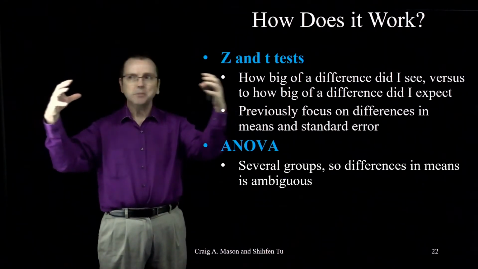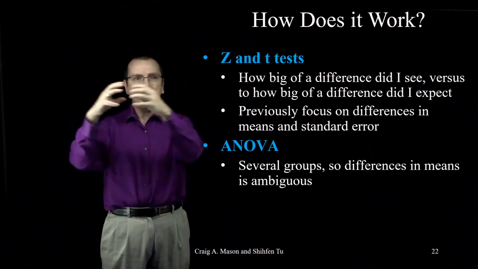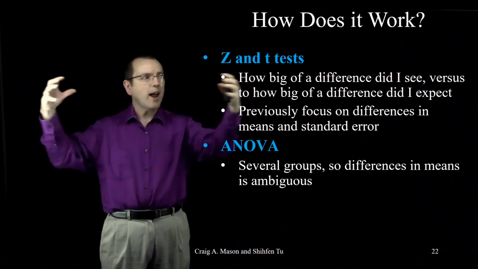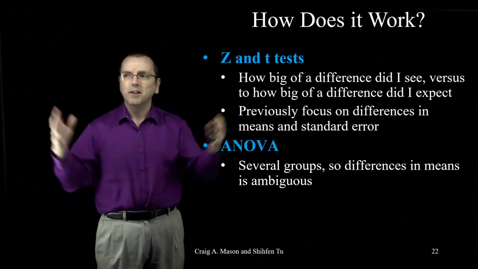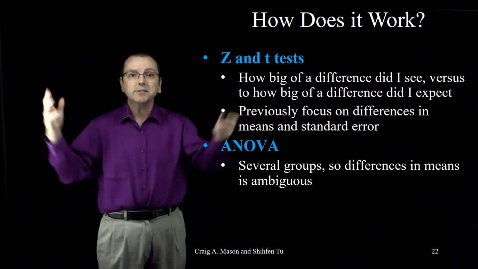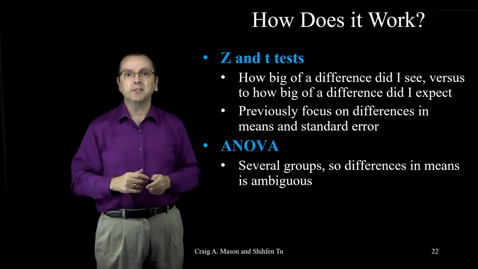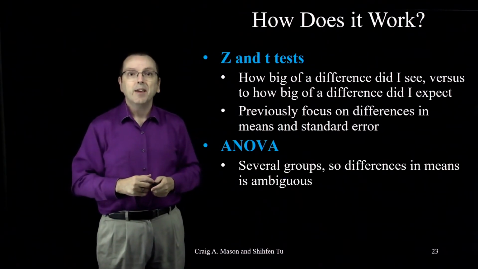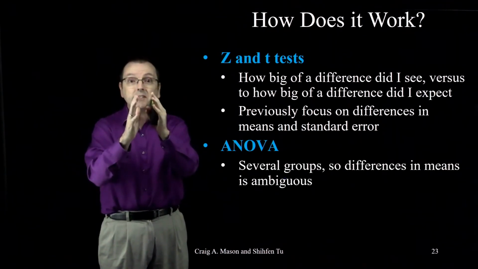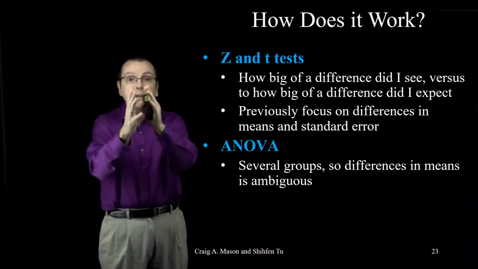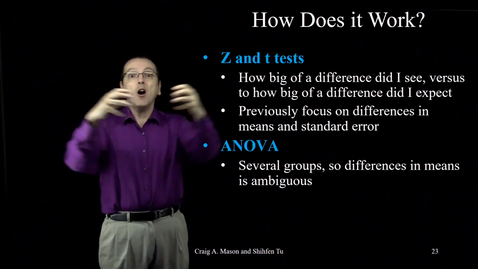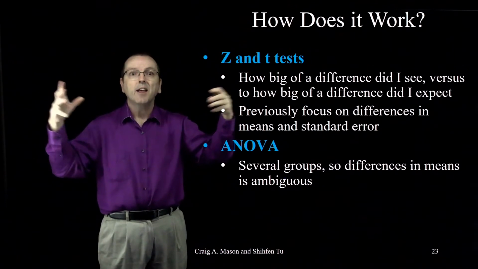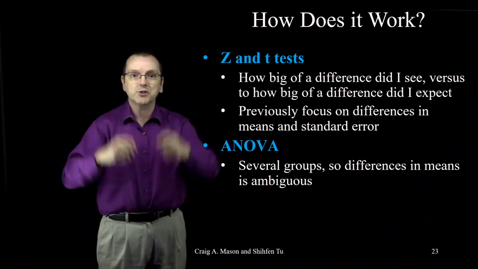Variance describes how spread out our scores are, which reflects how different things are. If there aren't a lot of differences, the variance will be small. If there are a lot of differences, the variance will be large.